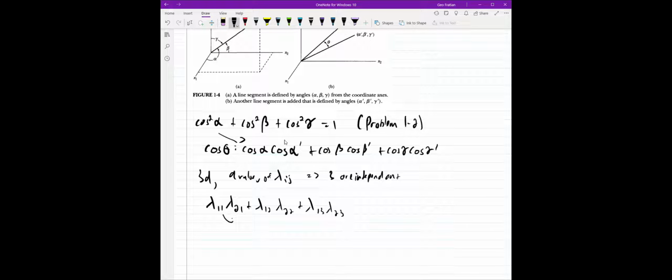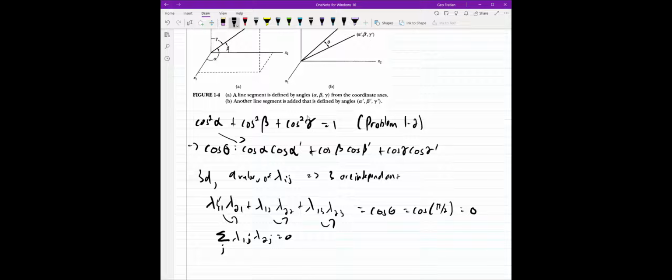And notice how the numbers switch. Well, that's just equal to cosine theta, what we have up here, which is equal to cosine of pi over 2, which is equal to 0. That's because 1,1 and 2,1 are orthogonal to each other. So what that means basically is, let me write this in summation notation, sum over j of lambda 1j lambda 2j is equal to 0.